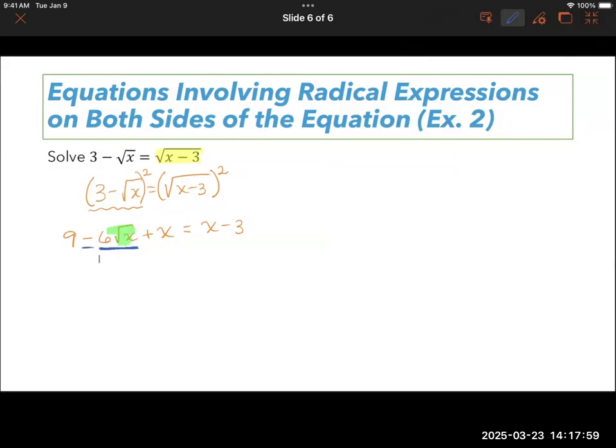So I'm going to add it to the other side to make it plus. And that means I'm going to be subtracting the x and adding the 3 over to this side to end up with a 12 equal to a 6 square root of x.